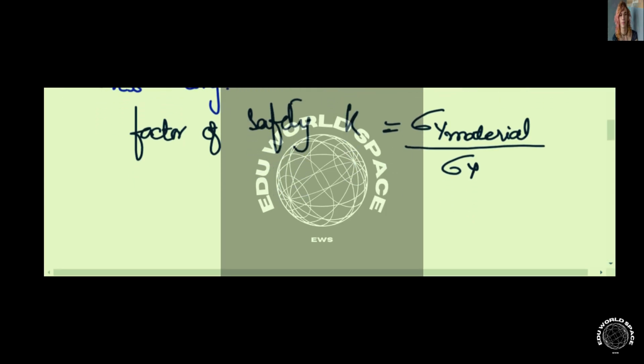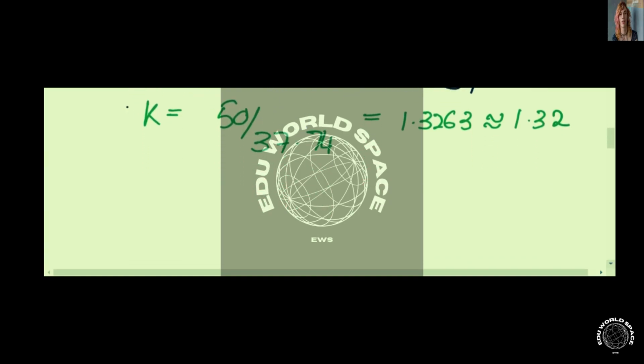Just plug in the values. So K is equal to 50 divided by 37.74, which is equal to 1.3263, approximately 1.32. So this is the solution for part A.